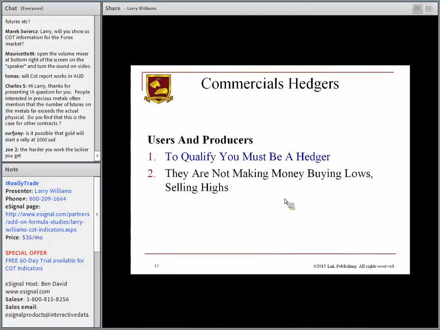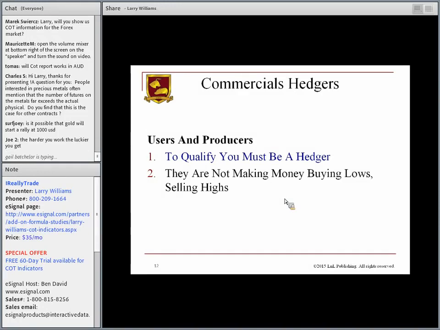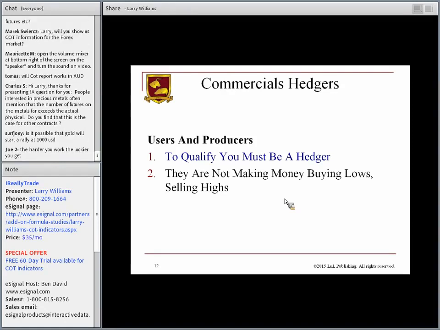I pass that argument and just say that if you look at the history of gold, and we're going to be doing that today, you'll see the commercials are always buying at the right time and selling at the right time. And interestingly enough, I don't think they've ever been net long the gold market. So if they ever do get net long, my gosh, mortgage the house, buy gold.